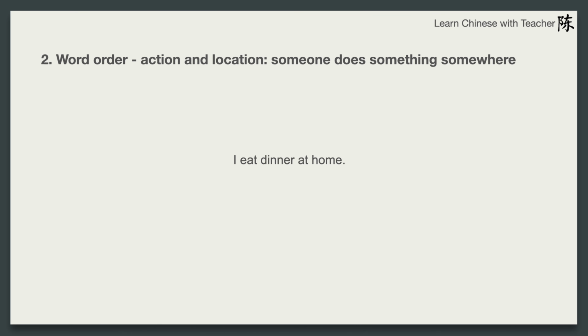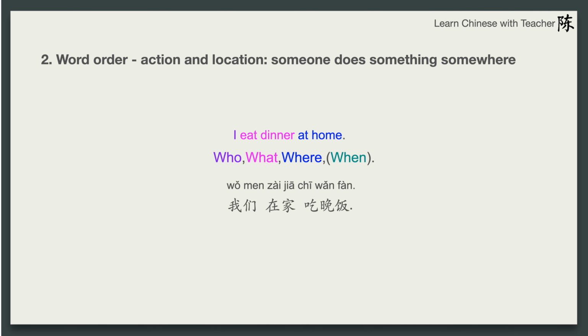Word order. Someone does something somewhere. Let's look at the English sentence. I eat dinner at home. The word order of the English sentence is who, what, where. Time is not mentioned in the sentence. In Chinese, we see 我们在家吃晚饭.